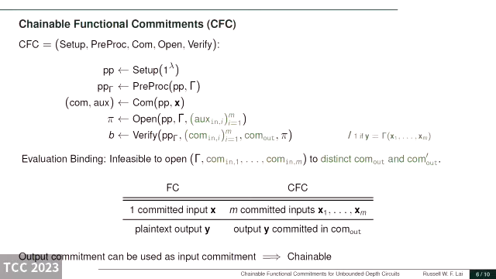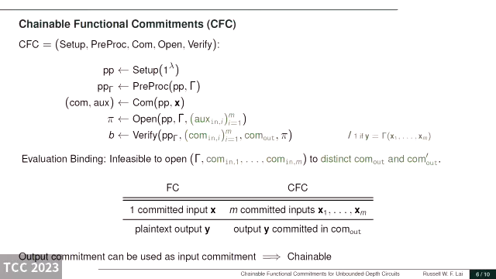First, in FC, we have only a single committed input X, but in CFC, we have M committed inputs, X1 to Xm. And this is reflected in the open algorithm, which now takes M auxiliary inputs. And also the verify algorithm now takes M input commitments. The second change is that the plain text output Y is now also committed.